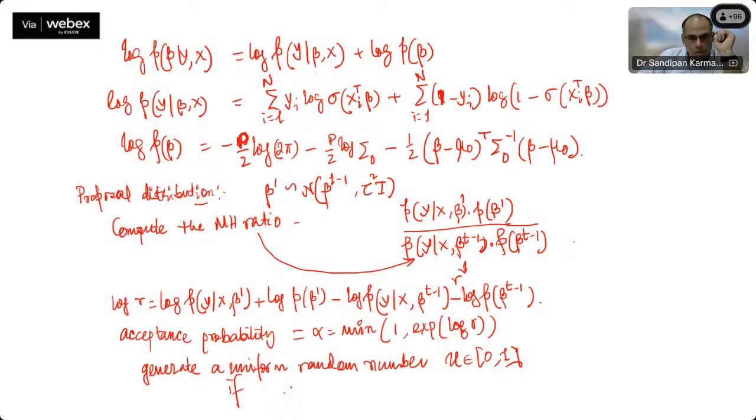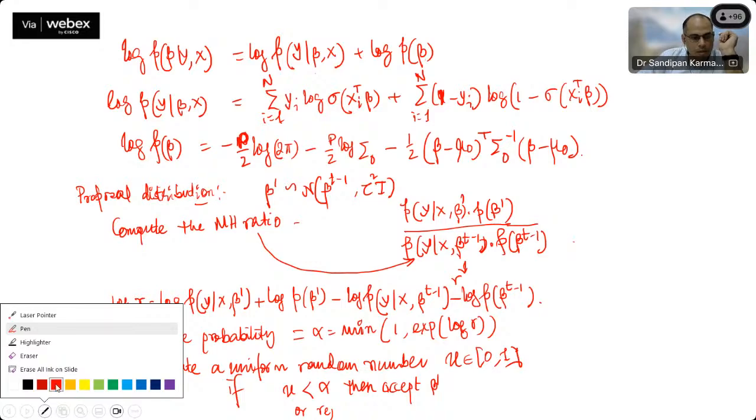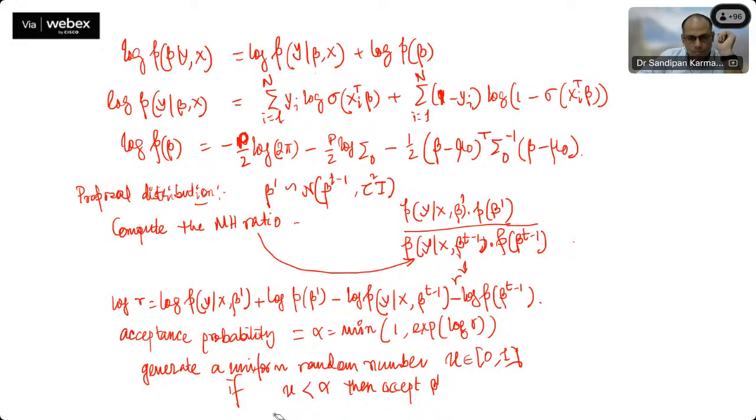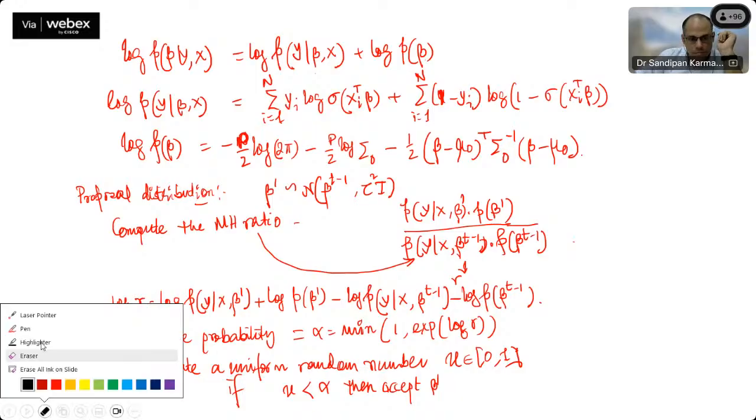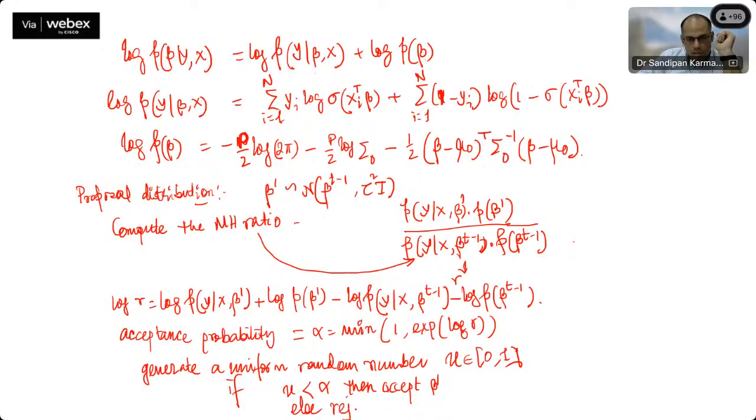If u is less than alpha, then accept the beta dash, as we did earlier. Else reject the beta dash and stay with beta t minus 1.